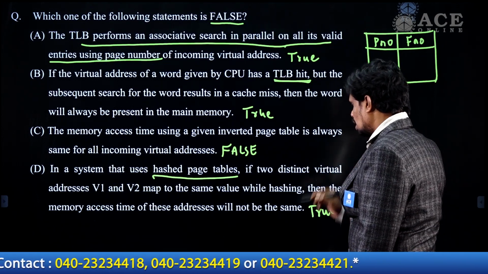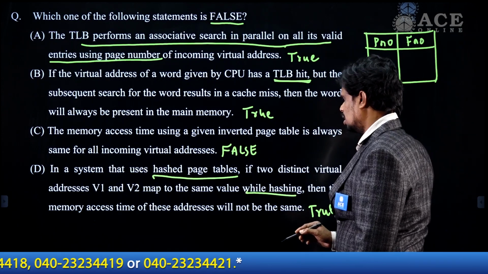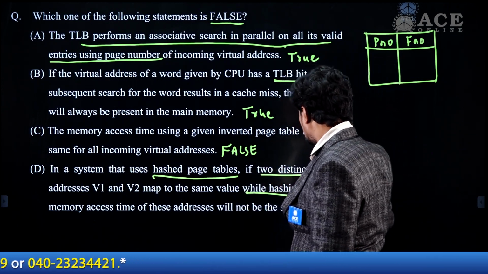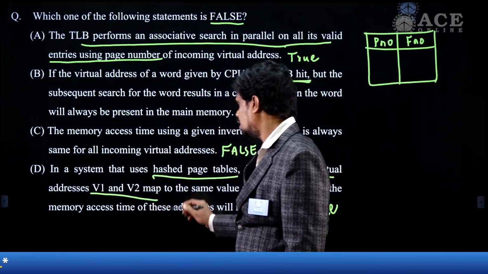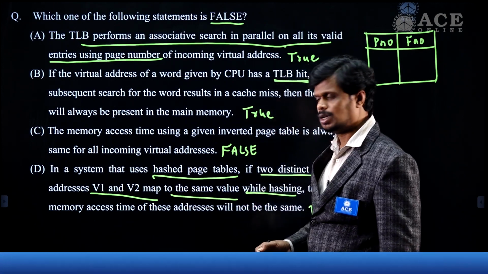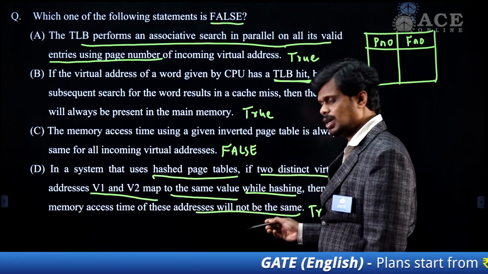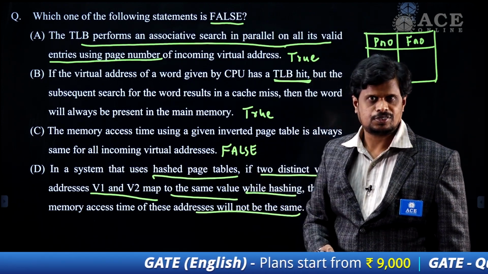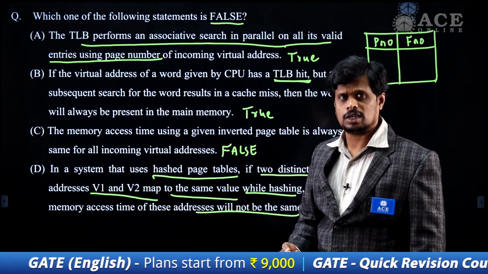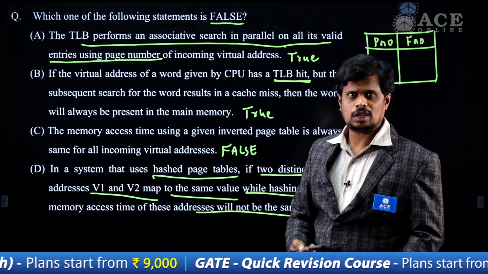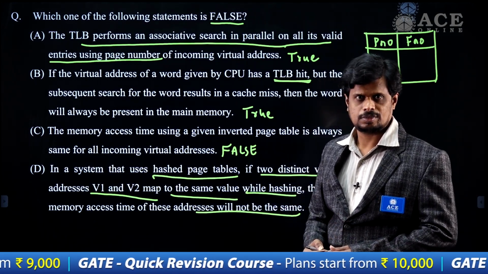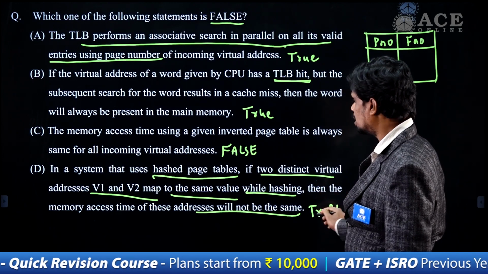Reason: while applying hashing, if two distinct virtual addresses V1 and V2 map to the same value, then the memory access time will not be the same, because there is a possibility some entries can be at the end of the linked list, right? So that is why this particular statement is true.